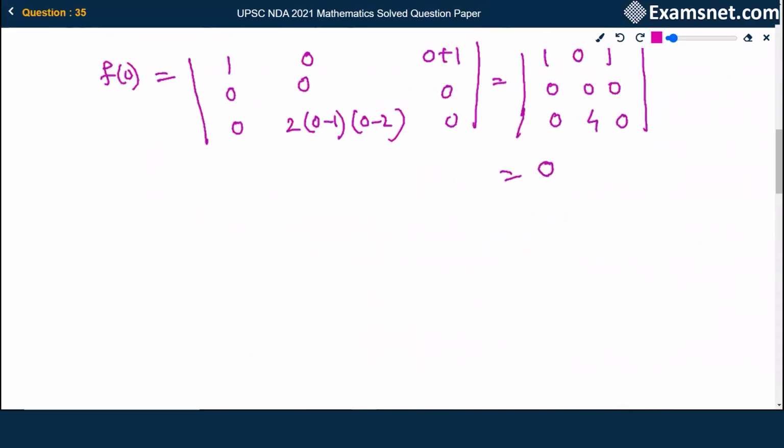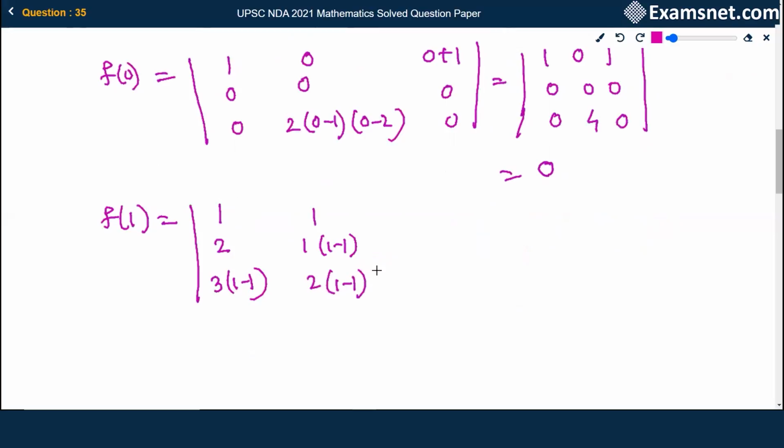Next, f of 1. Okay, let's try to find out the value for f of 1. F of 1 will give us 1, 2, 1, 1 -1, 2, 1 -1, 1 -2, 1 plus 1 is 1, 1 minus 1.